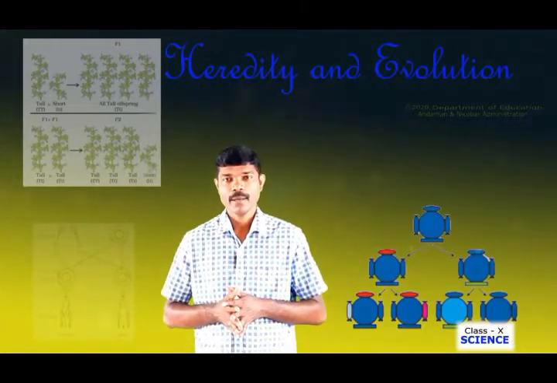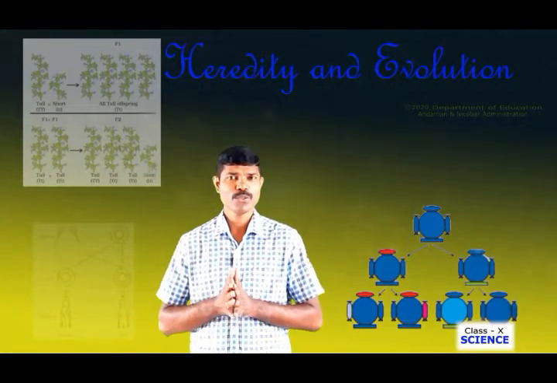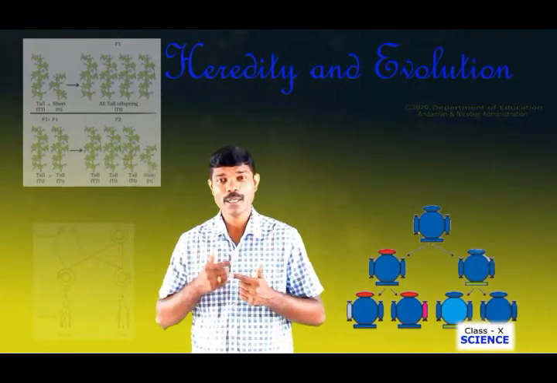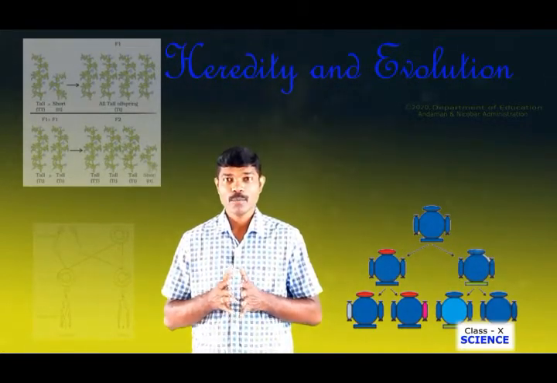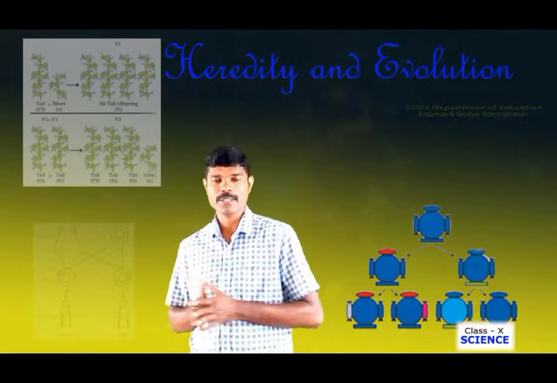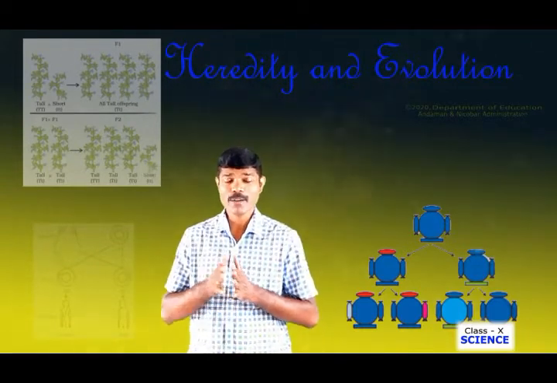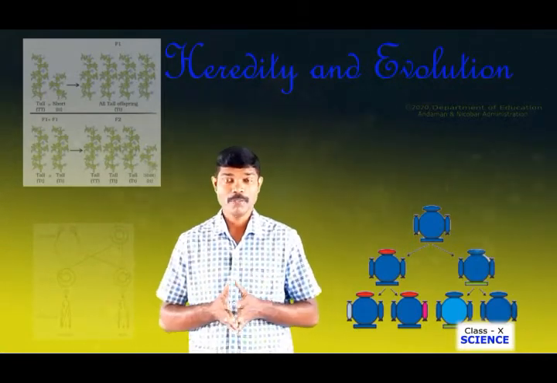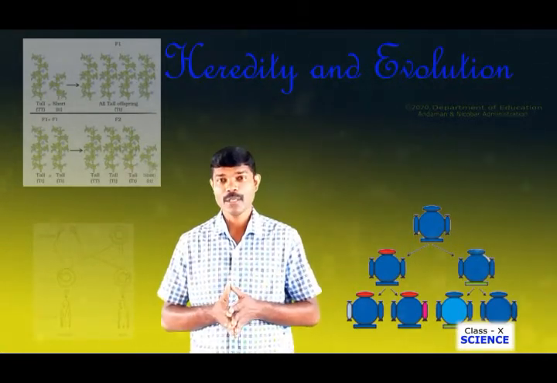Dear students, you should know, if more and more errors occur during copying DNA, then more variation we will see in the next generation. But the extent of variation that is established in the new generation depends upon various factors, such as climatic condition.